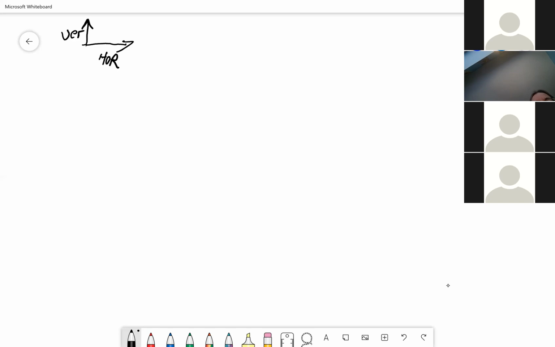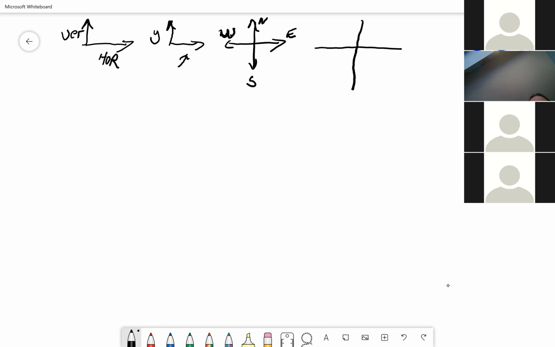It could be, you know, classic X, Y. It could be north, south, west, east. It could be 0, 180, 90, 270.